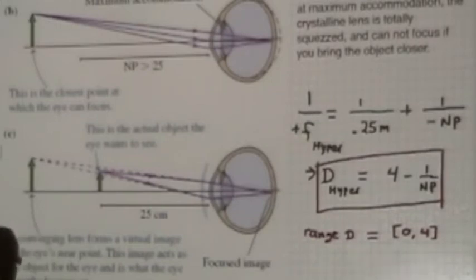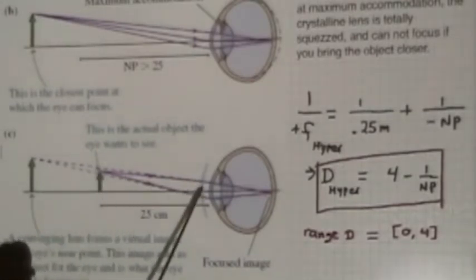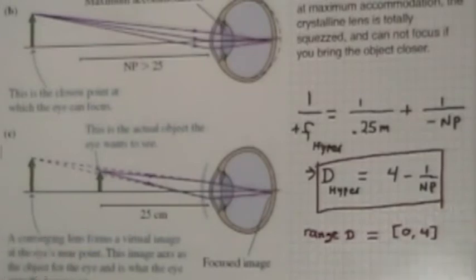So how would you correct for this? You want to be able to see objects that are 25 centimeters from you, just to have normal vision, right? So if you placed an object here, the lens that would help you with that problem is a lens that would take an object here and produce an image at the near point of your eye.